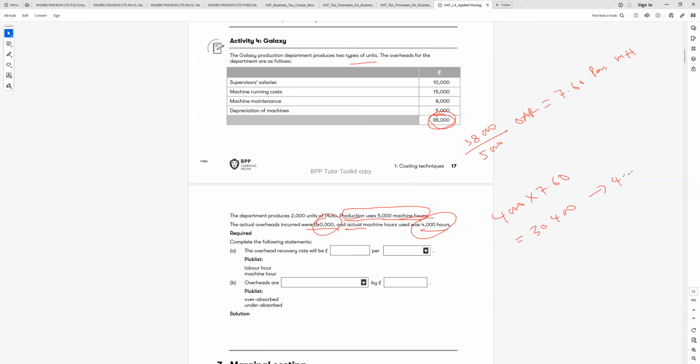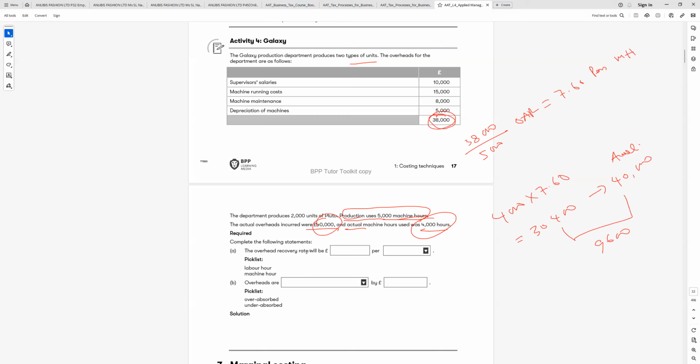But the actual is 40,000. That means I made an under absorption, because the actual is more than my plan or my budget. I made an underestimation. Remember, we always check ourselves: did we make the under or the over? So I made the under absorption. Find the difference, and the under absorption will be 9,600.